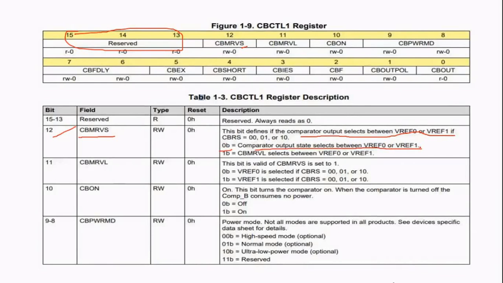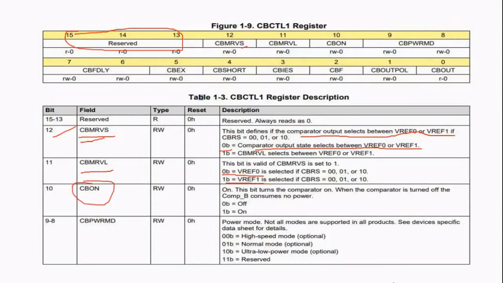If it is 1, then CBMRVL selects the VREF value. So CBMRVS and CBMRVL both have the same function. We are going to select voltage reference value 0 and voltage reference value 1.